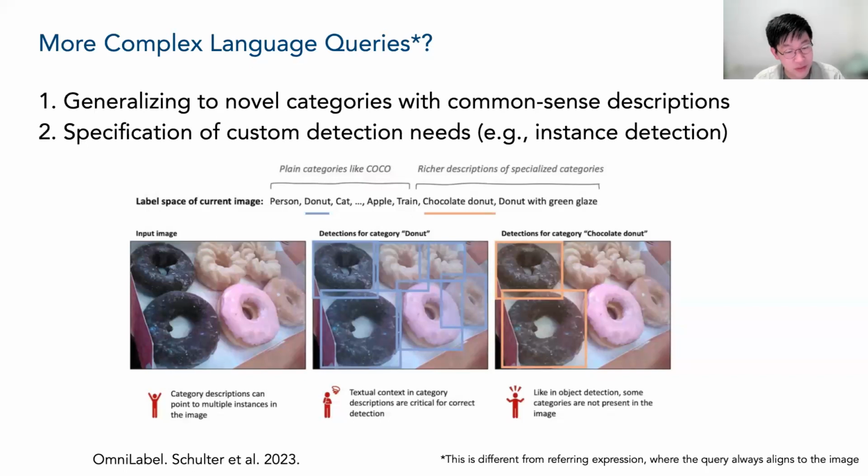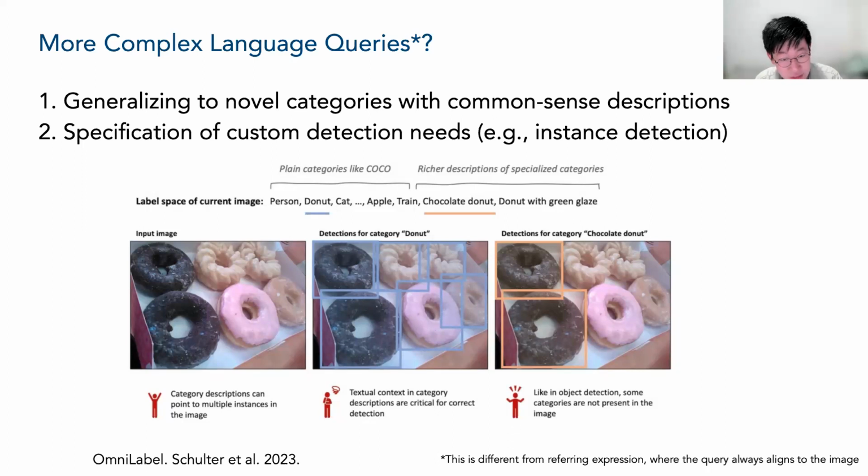Before this language-based recognition model, donut is usually not very widely available in your training data set, so you don't get good performance on this kind of rare category. But with developments like CLIP and GLIP, you might be able to recognize, okay, this is a donut, because your pre-training corpus has much richer semantics. But still, the model cannot support this.